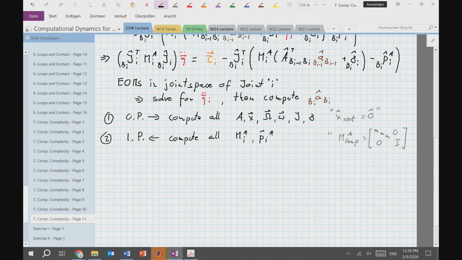And then I have everything to do what I just described, which is a last outward pass. And along that outward pass, I now compute all my accelerations q double dot I. And I can compute all my accelerations bi. And I can do that because I know that the acceleration of root is going to be 0, right?